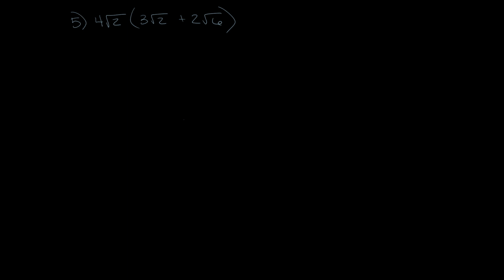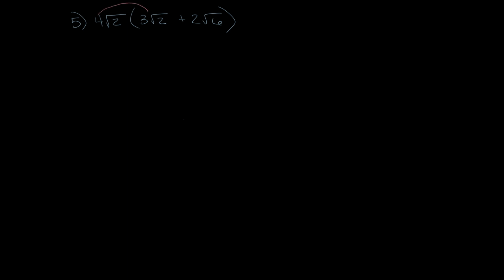Okay, when you're multiplying, it's very similar to multiplying binomials. So this would be like multiplying a monomial and a binomial, which actually is exactly what it is. So we're going to multiply the outside numbers together and multiply the inside numbers together. So 4 times 3, and you're going to distribute too, I'm sorry.